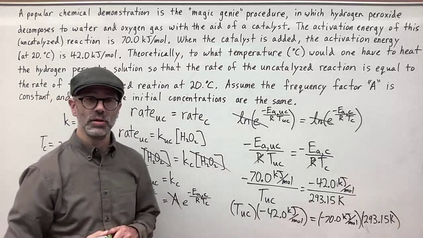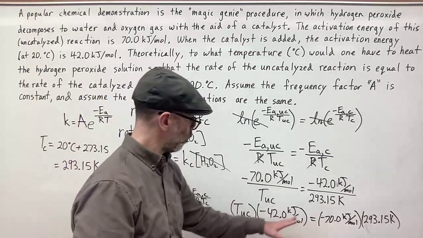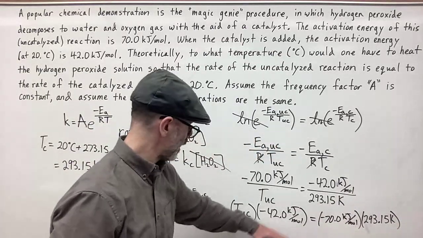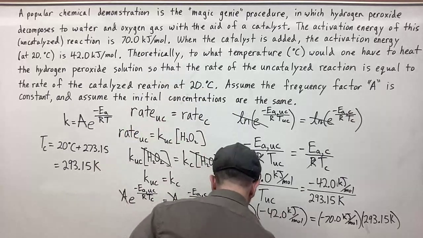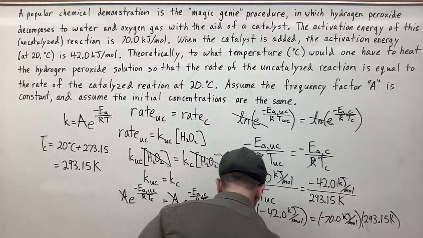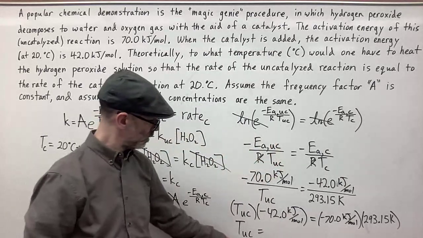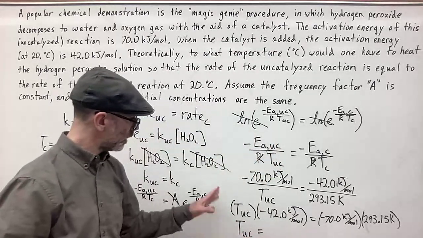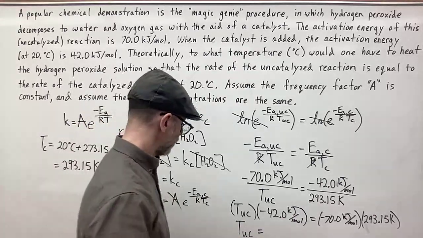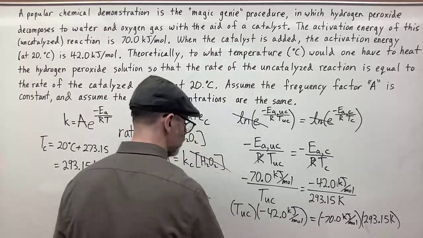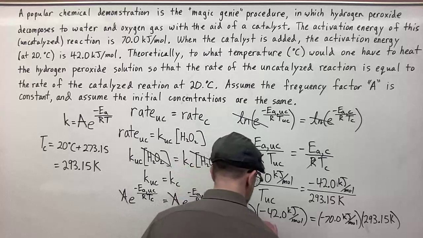Like so. So we now can multiply these two together, divide by this, and we'll get the temperature of the uncatalyzed in terms of Kelvin, right?